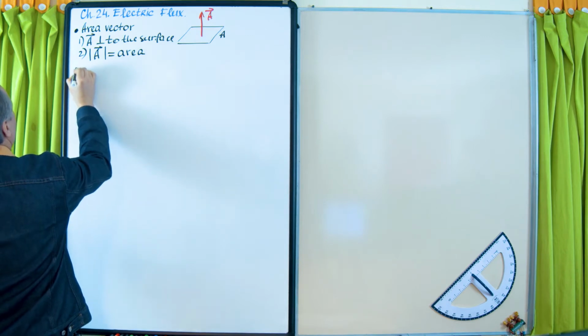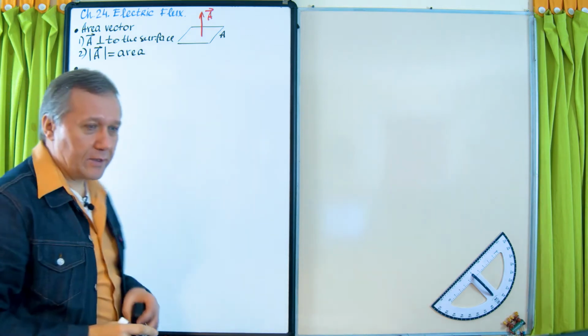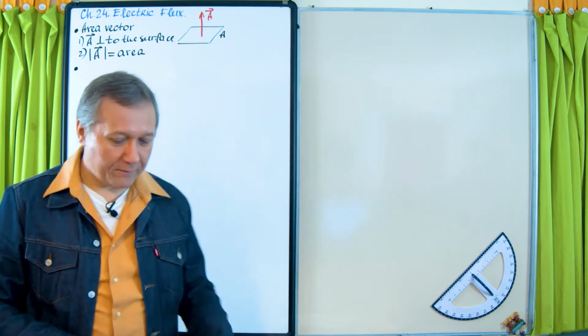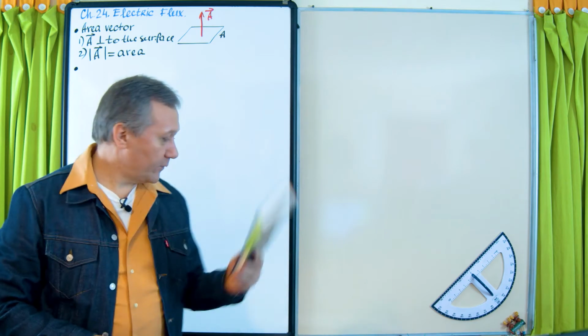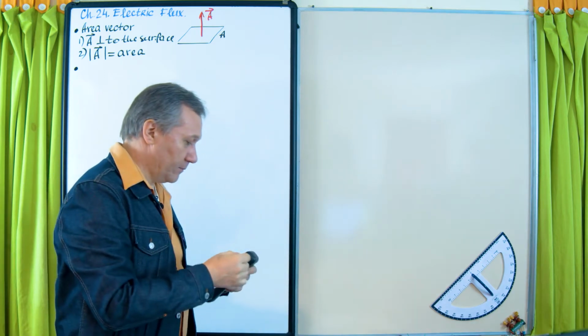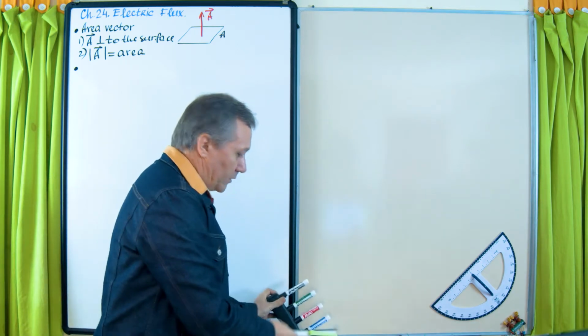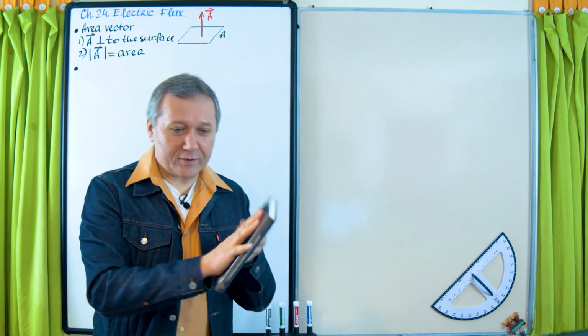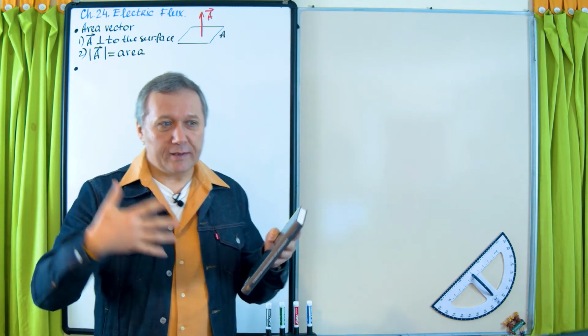And now let's introduce the electric flux for the simplest possible case, when you have, for example, a flat surface. Let's say this surface is exposed to some electric field.